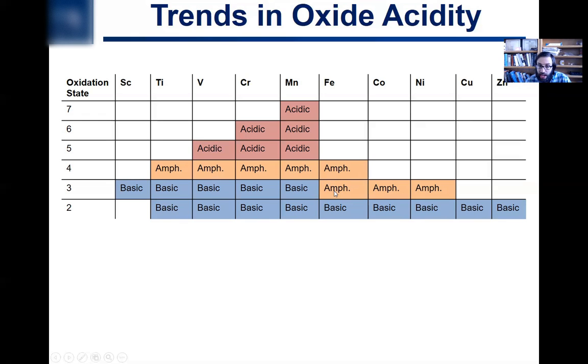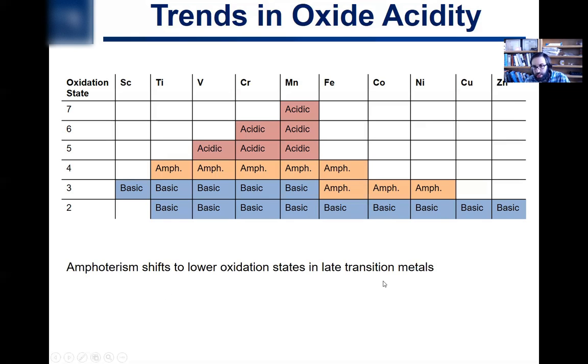But you only have to go to oxidation state 3 when you're iron, cobalt, or nickel to already have some acidic character in there. So there still is this left to right trend of becoming more acidic when you look at this a little bit more carefully. So amphoterism shifts to lower oxidation states in late transition metals. That is another way of saying that.